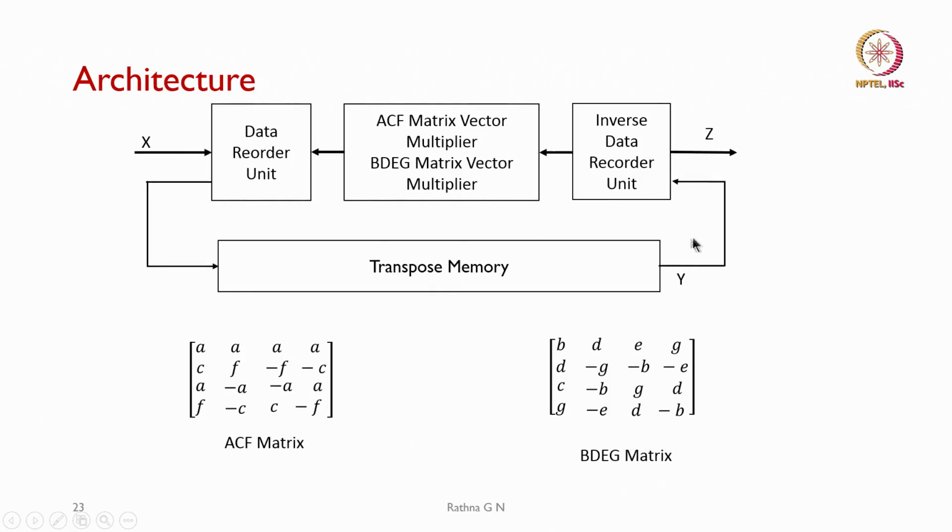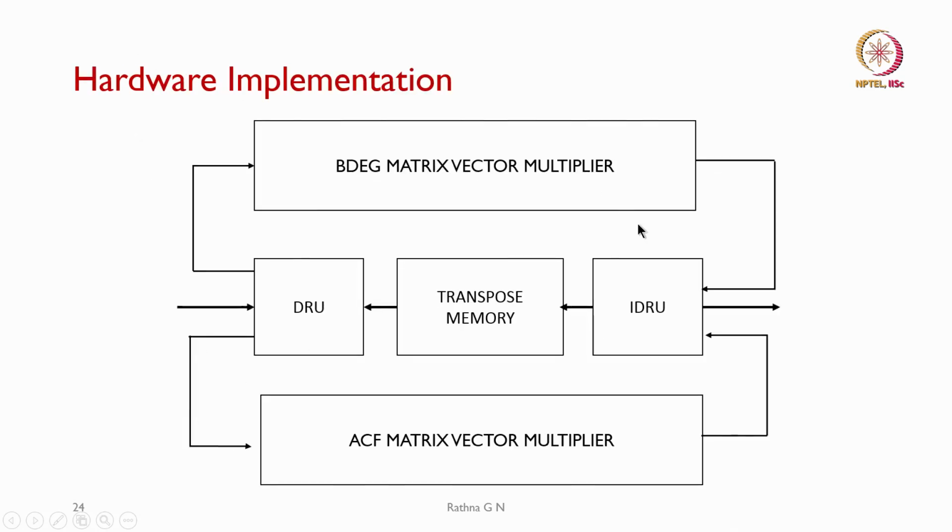So, you can go from Y to X or X to Z. You transpose and then put it as input, and then we work it out. This is how the hardware implementation is going to happen in FPGA. This is the data reorder unit.